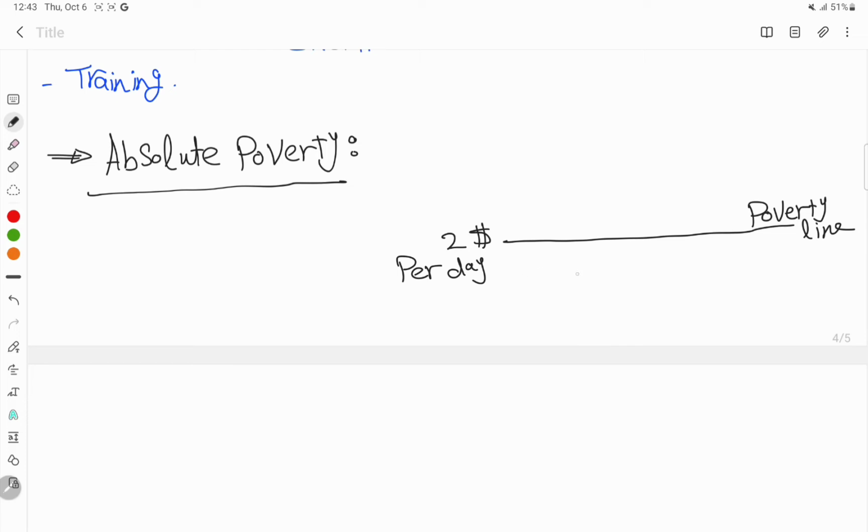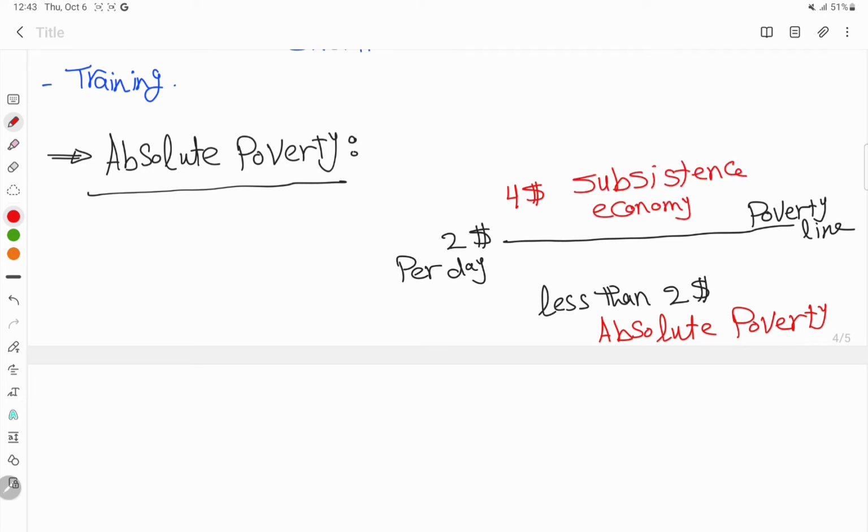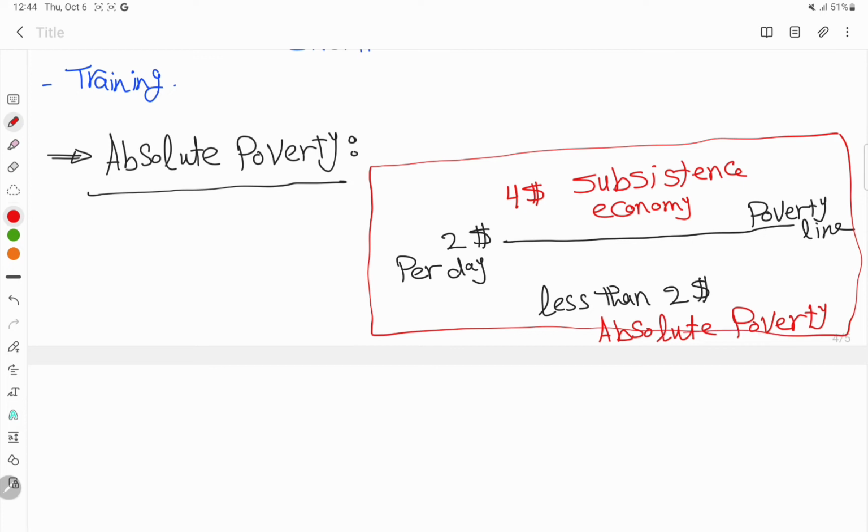If people live on less than $2 per day, it's absolute poverty. And if people can live on $4 per day, it's a subsistence economy. Then what is the difference between absolute poverty and subsistence economy? Absolute poverty is being under the poverty line.